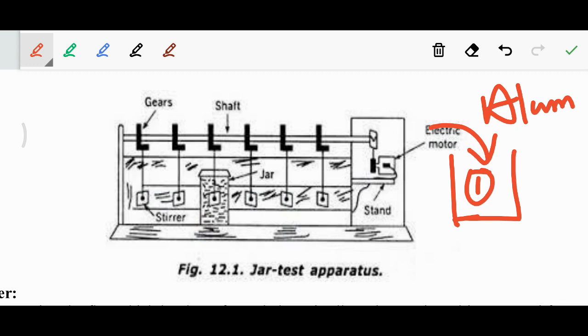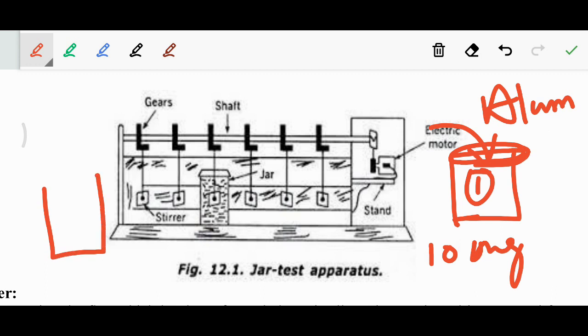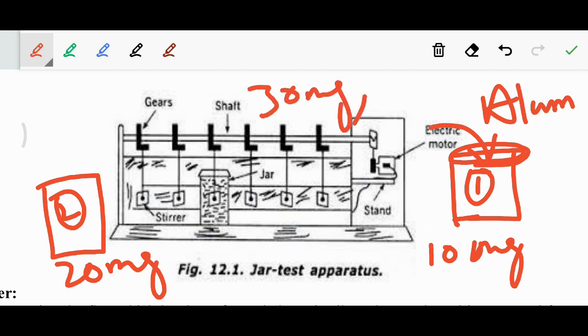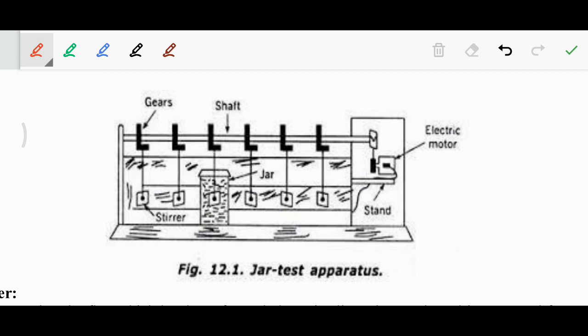Like that we are going to add different proportions of coagulant in each beaker. Let's say in the first beaker I added 10 mg of alum. In the second beaker I will add 20 mg, 30 mg in the third beaker, 40 mg in the fourth beaker, then 50 and 60. We have 6 beakers.